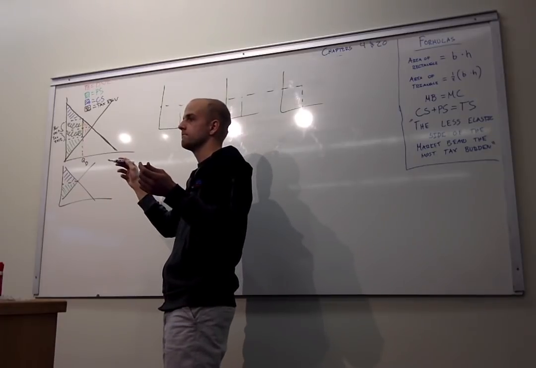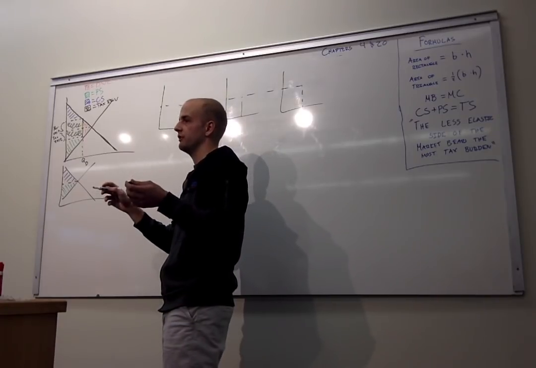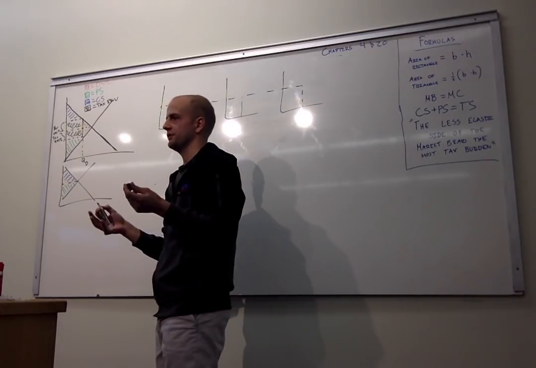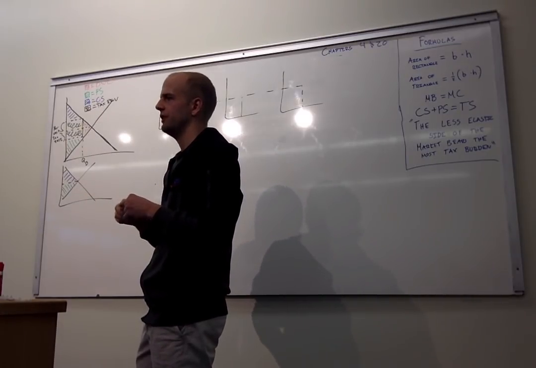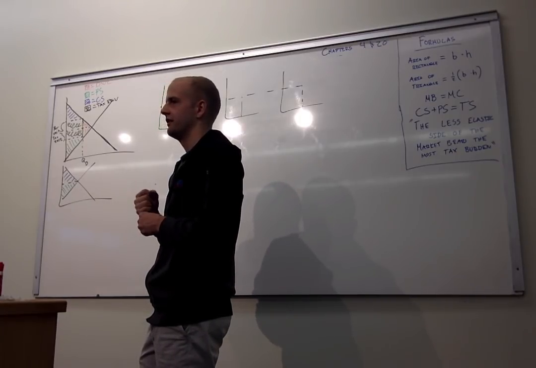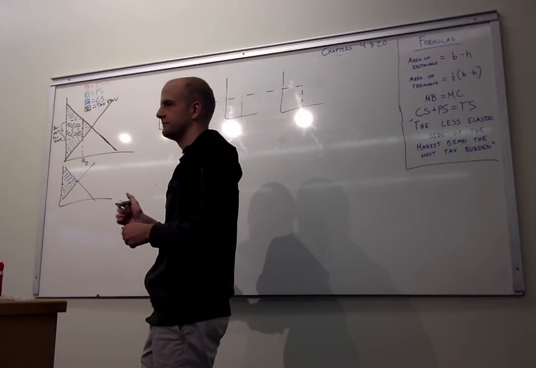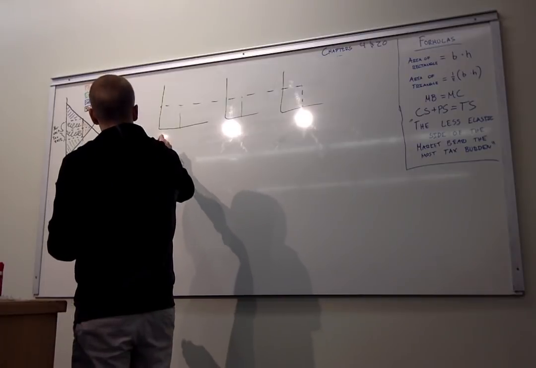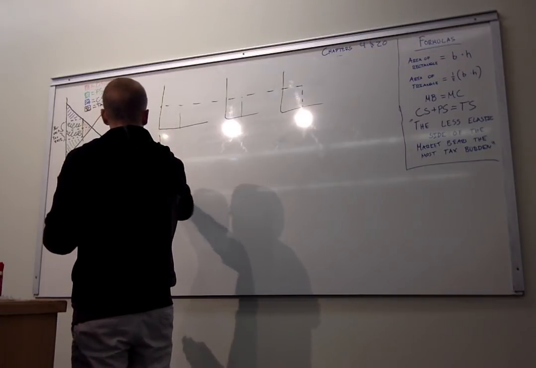That's a private good. What's that called? Horizontal summation, or aggregate demand. Calculate the aggregate demand of a private good. Now for a public good, you do vertical summation.